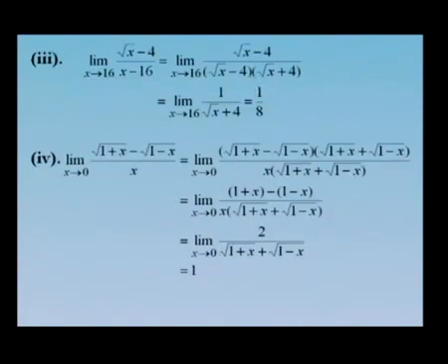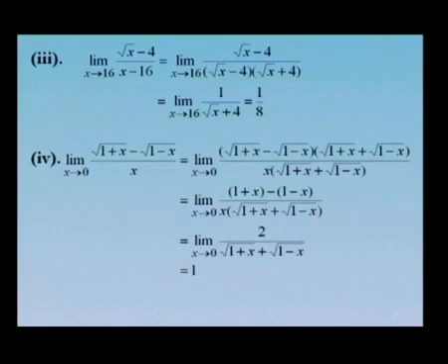Now consider example 3. Here the function is (square root x minus 4) upon (x minus 16), limit x tends to 16, which equals (square root x minus 4) upon (square root x minus 4)(square root x plus 4). Here x minus 16 has the factors square root x minus 4 and square root x plus 4.